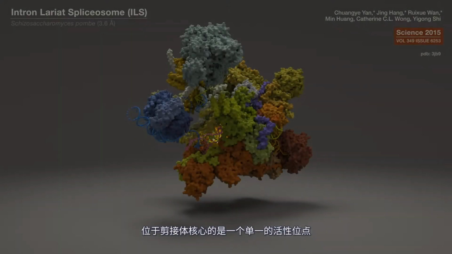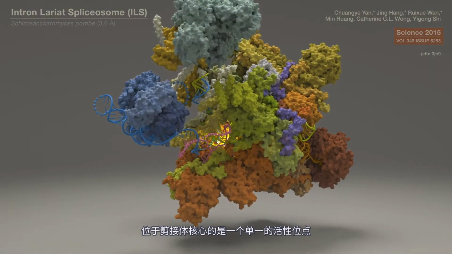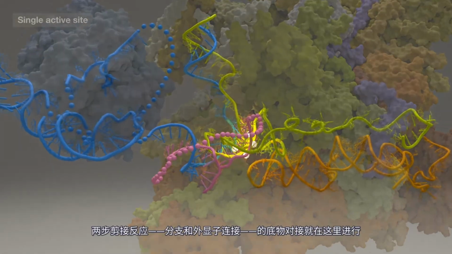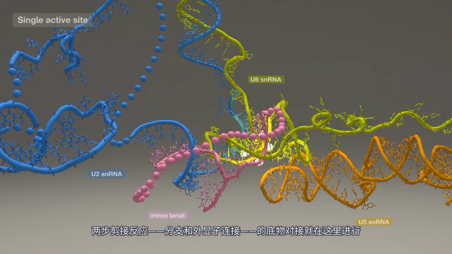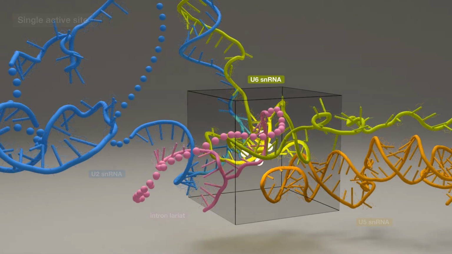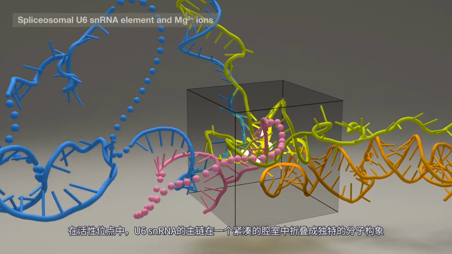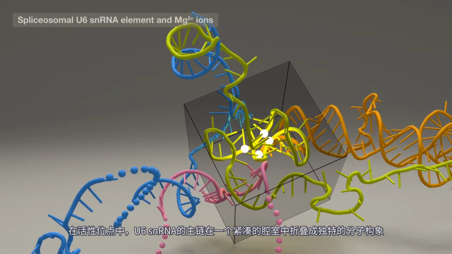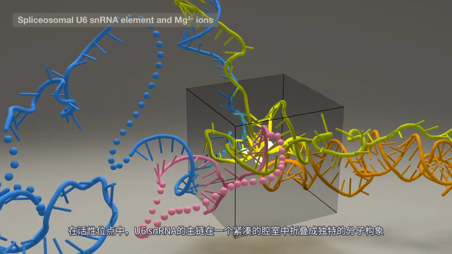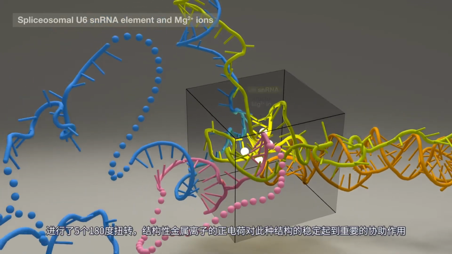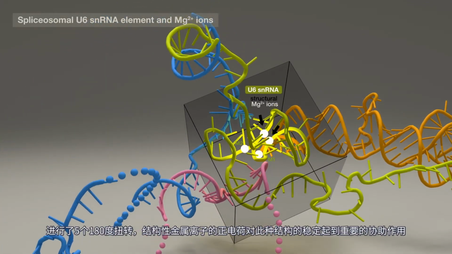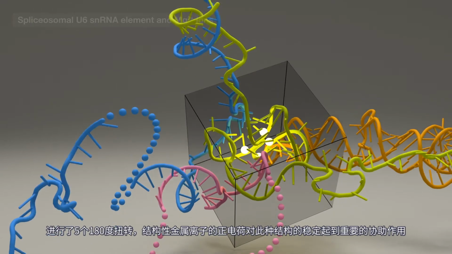At the heart of the spliceosome is a single active site where docking of substrates for the branching and exon ligation reactions takes place. Forming a distinct central element, the backbone of U6 RNA zigzags in a compact chamber, making 5 180-degree turns, stabilized by positive charge of structural metal ions.